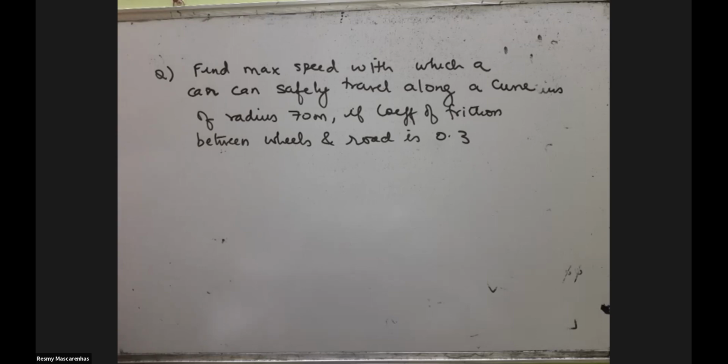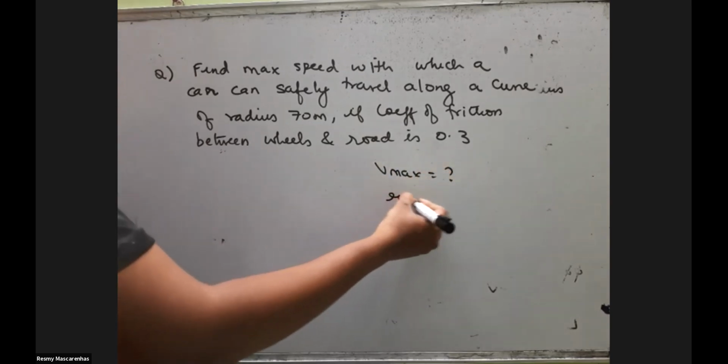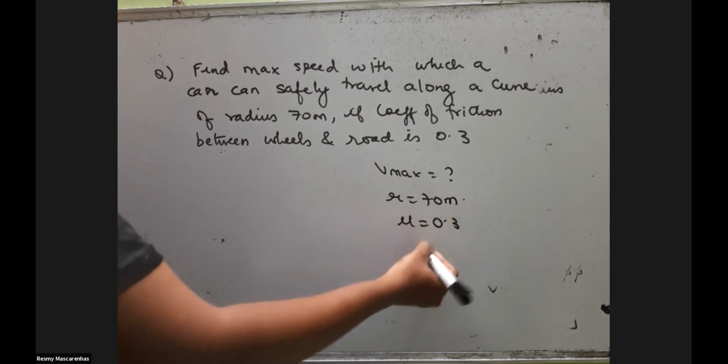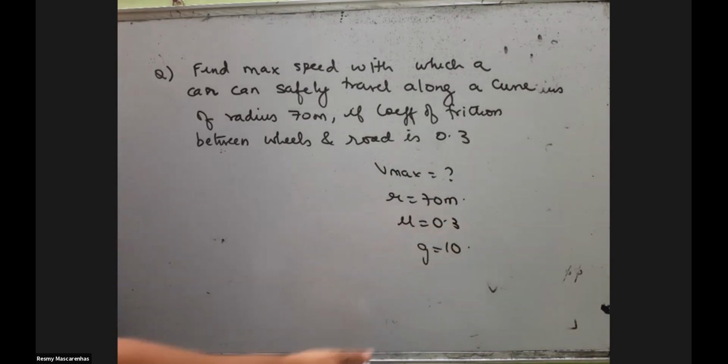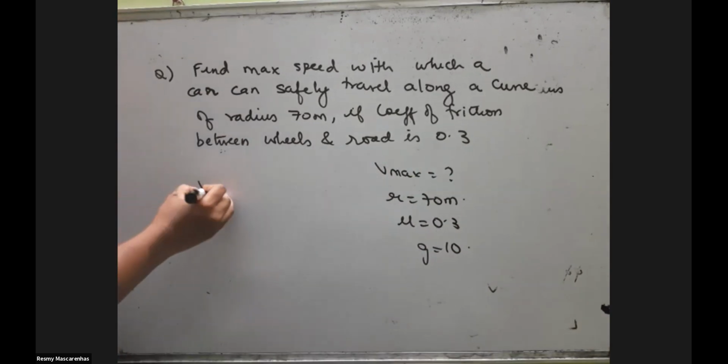Okay, so we have to calculate v maximum. Radius is 70 given to me. Mu is given to me as 0.3. g we can take as 10 or 9.8. And now already the formula you know for v max.